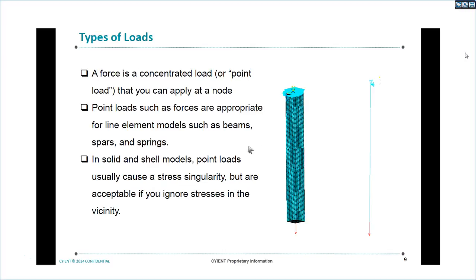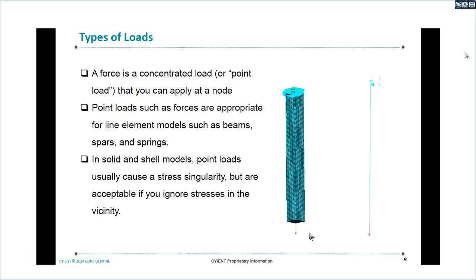A force is a concentrated load that you can apply at a node. Point loads such as forces are appropriate for line elements such as beams, bars, and springs. In solid and shell models, point loads usually cause singularity, but are acceptable if you ignore the stresses near the load.